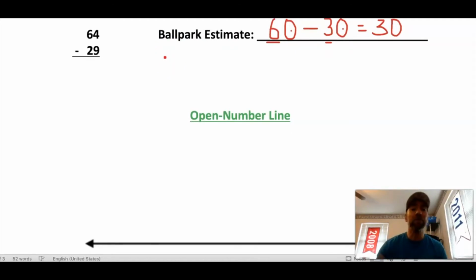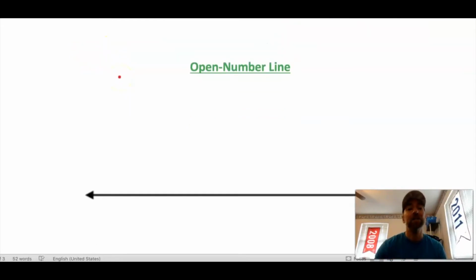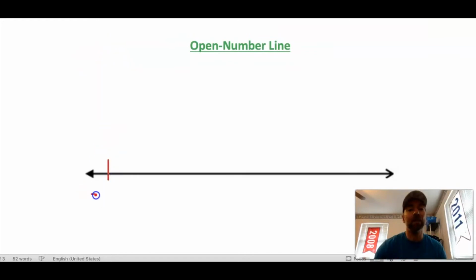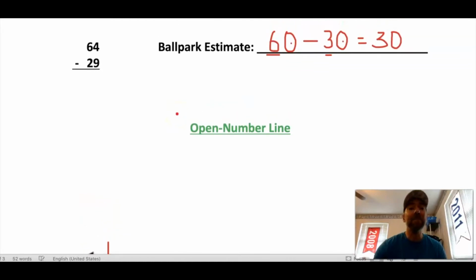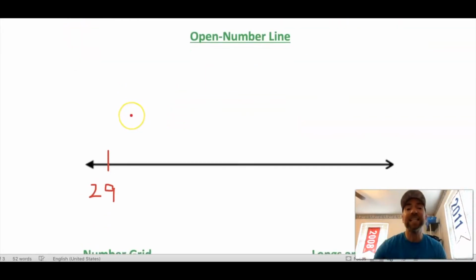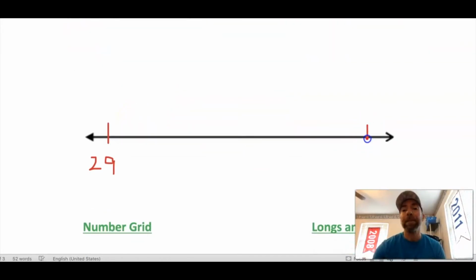Now, our first way is to try using an open number line. I start at my smaller number, 29. So I'm going to list that on my number line, 29. And I'm going to stop at my bigger number, 64. Remember, subtraction is the difference.